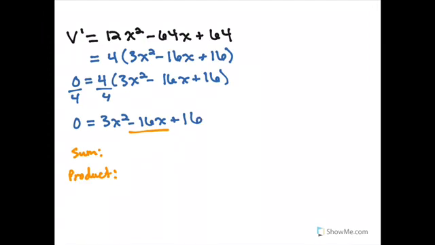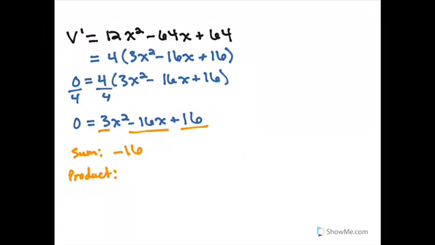I'm looking for a sum of the coefficient of the middle term. So I want to get two numbers that are going to add up to negative 16, which is my middle term. I'm looking for the product of the first coefficient times the last. So when the leading coefficient's 1, we're just trying to get a product that adds up to the last.